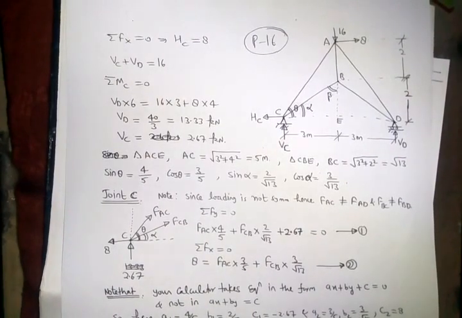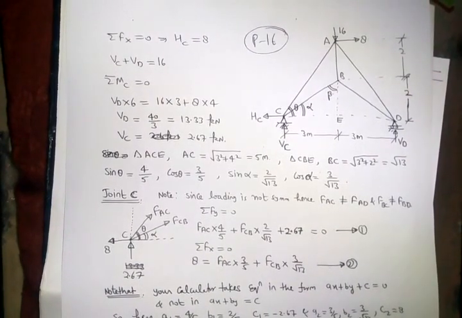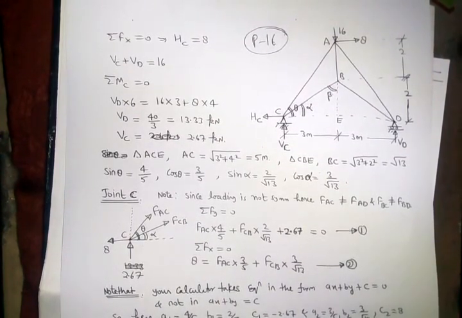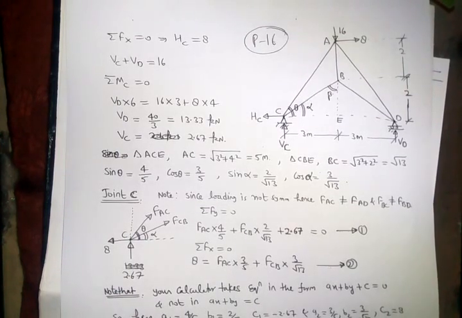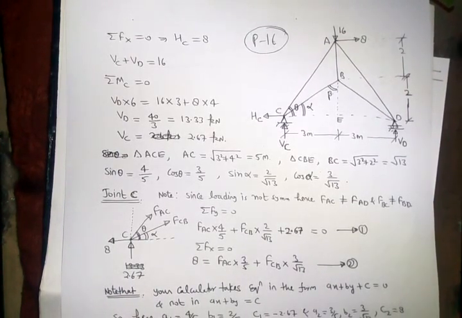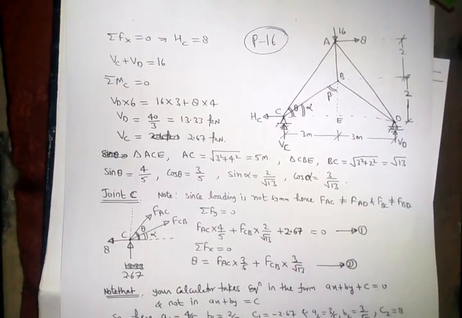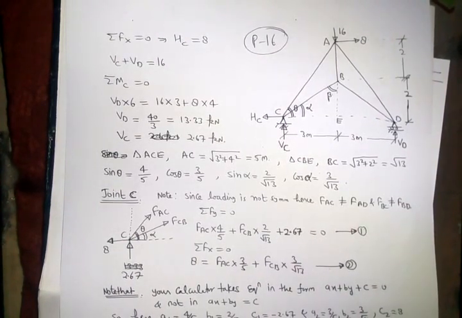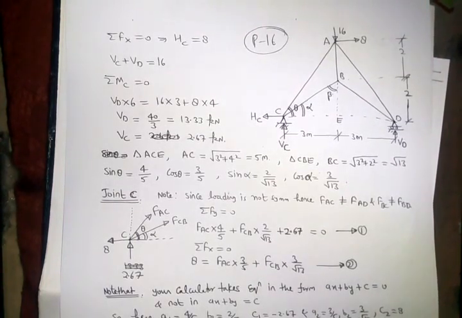Now we will solve the truss. Since we have to find the force in all the members, we will solve the truss using method of joints. We will start from the joint which has minimum members. So joints C and D have only two members. So let us start from joint C. But before starting, we will calculate these angles theta and alpha.